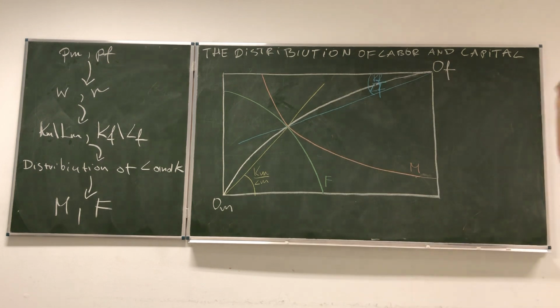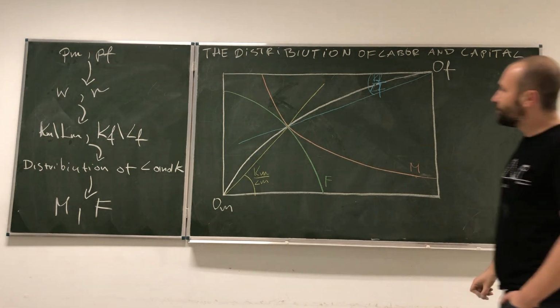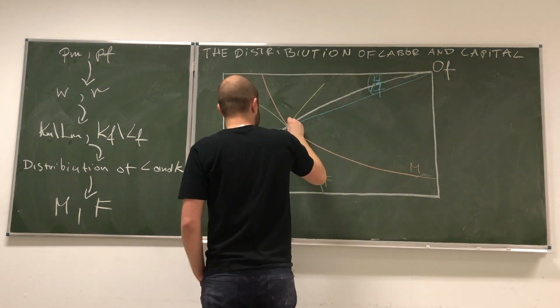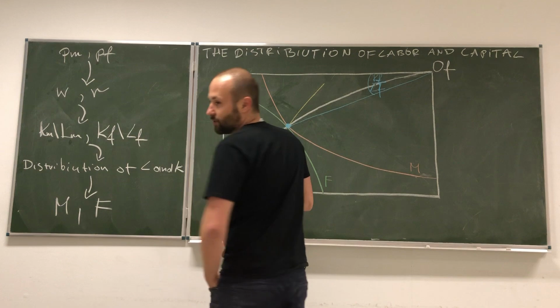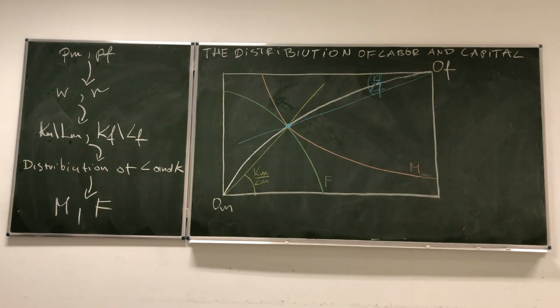And look, those two will actually, at their intersection, show us the point at which the economy is. And look, this point is telling us everything that we wanted to know.